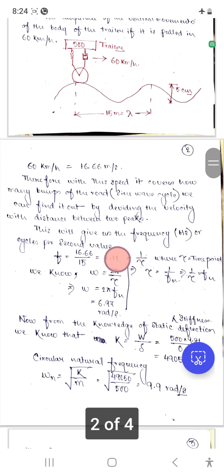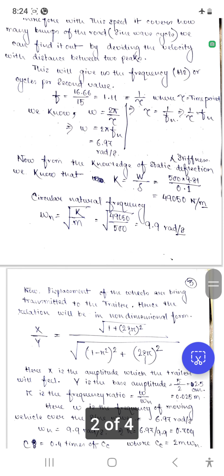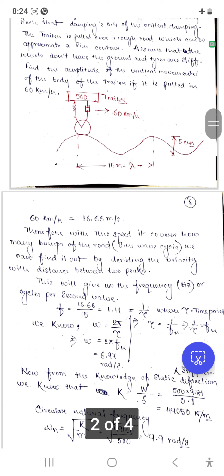So these problems you may find in different shapes, but the basic logic is same. Expression को आपको सिर्फ दिमाग में याद रखना है, और उसके हिसाब से इससे सारे information निकालना है.